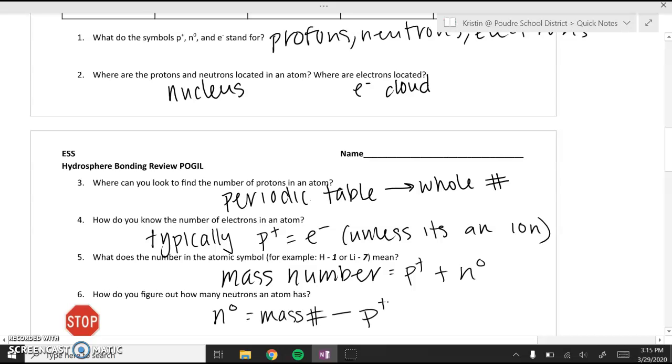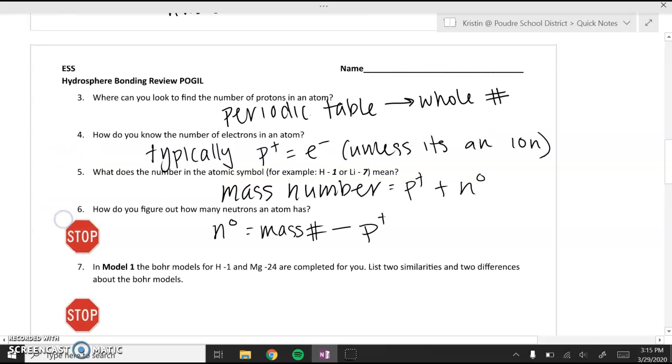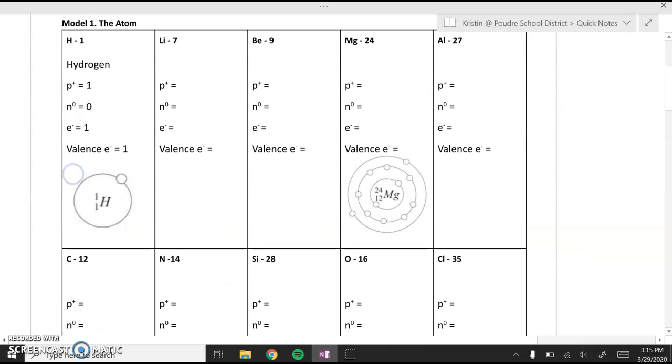Okay. All right. So now, if we look back at Model 1, we have two models that are completed for us, and we want to compare the Bohr models. We're not going to compare other things right now, but we're just looking at our Bohr models. So this Bohr model, we have a very simple model.